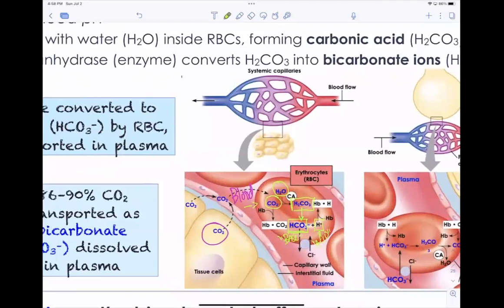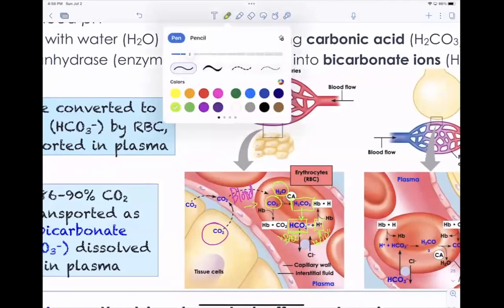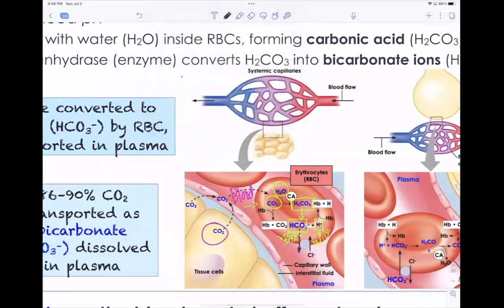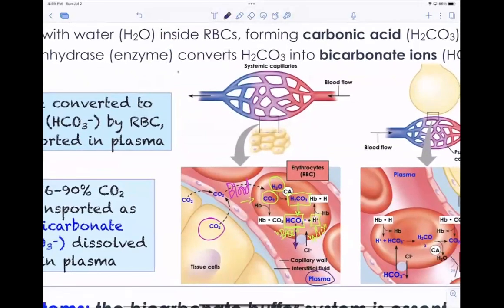And that bicarbonate then can be sent out into the blood, into the plasma, the liquid portion of the blood. And it's going to travel in the blood as bicarbonate and or protons.